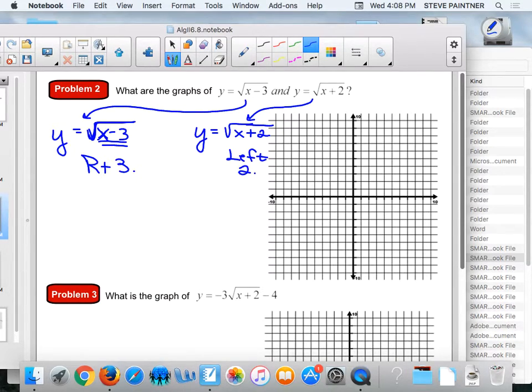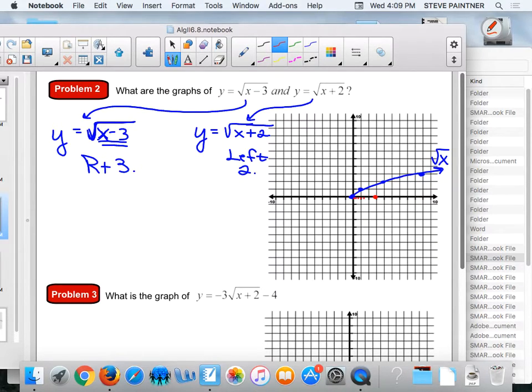Okay, first get your parent on paper. Here we go. 0, 0, 1, 1, 4, 2, 9, 3. Up, up, up, and off. Here we go. Okay, square root of x. Next, let's do this next one. I'll go red. Here we go. Basically, it's the same graph, right 3.